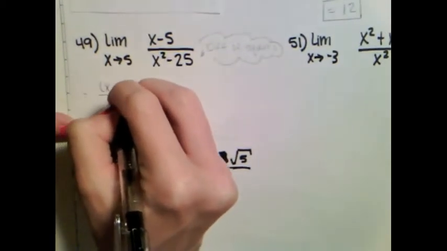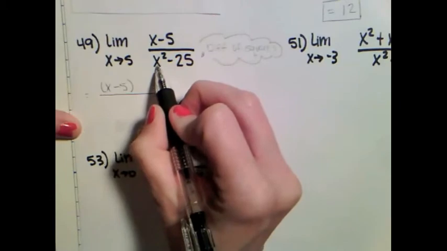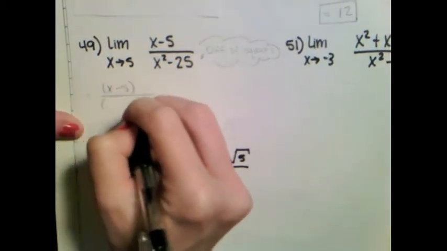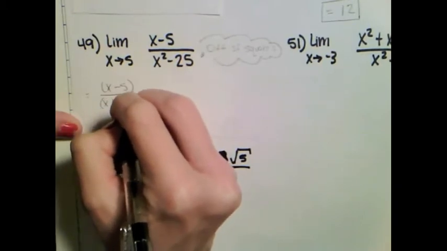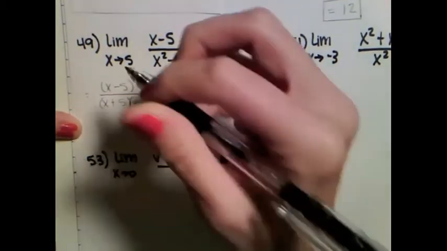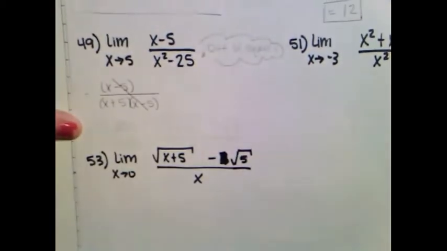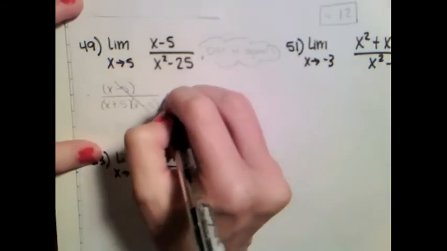Numerator stays x minus 5. Don't have to do anything to it. X squared minus 25 factors into x plus 5, x minus 5. Now again, that provides us with a common factor in our function we can cancel out.